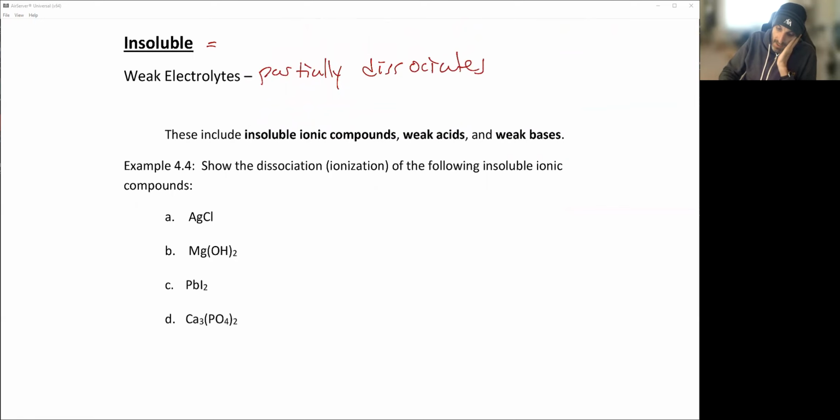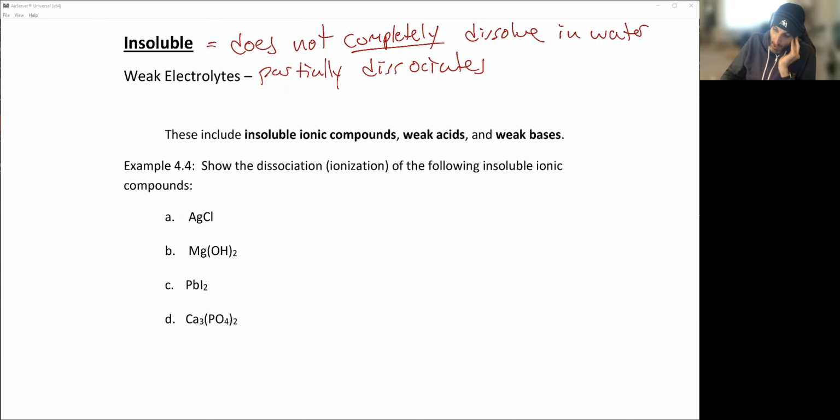Insoluble basically means that it does not completely dissolve in water. When I say it partially dissociates, we're going to get to this later, so right now we can just assume that it does not dissociate at all.